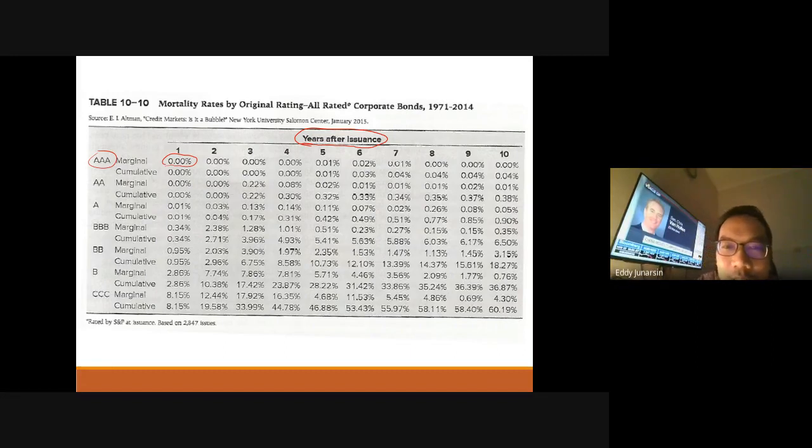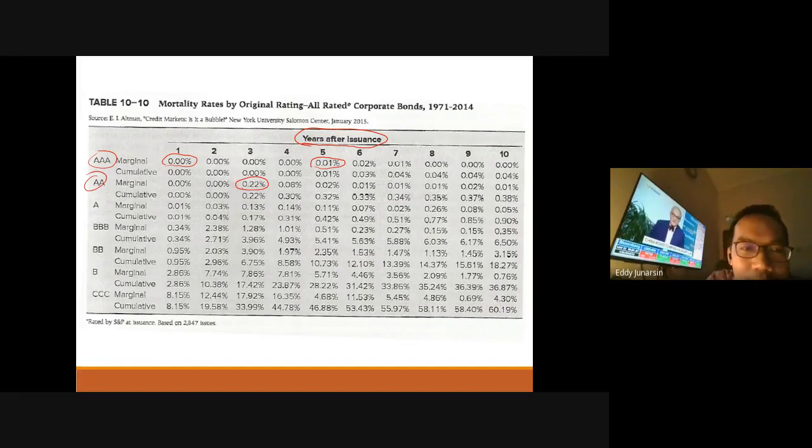Some of them start defaulting only after year 5, and even then the percentage is very low. And this is AA. It starts defaulting in year 3, and it's not that high. Only 0.22% defaulting 3 years after its issuance. So it's quite safe.